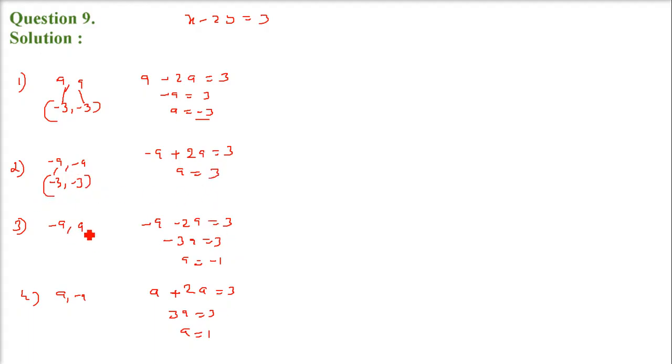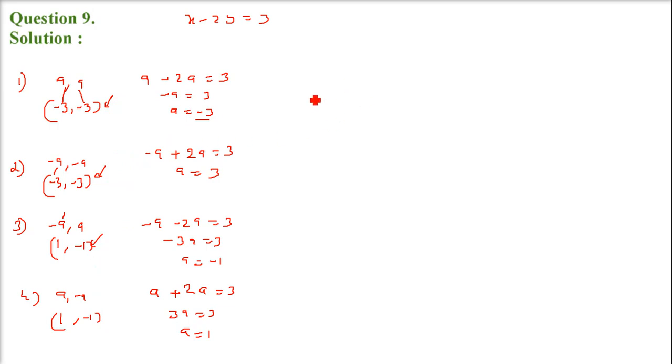Here also, a is minus 1, so minus a gives plus 1 and a gives minus 1. In the fourth case a is 1, so this becomes 1 and minus 1. Ultimately, two of these are similar and the other two are also similar, so two equations are going to be formed.